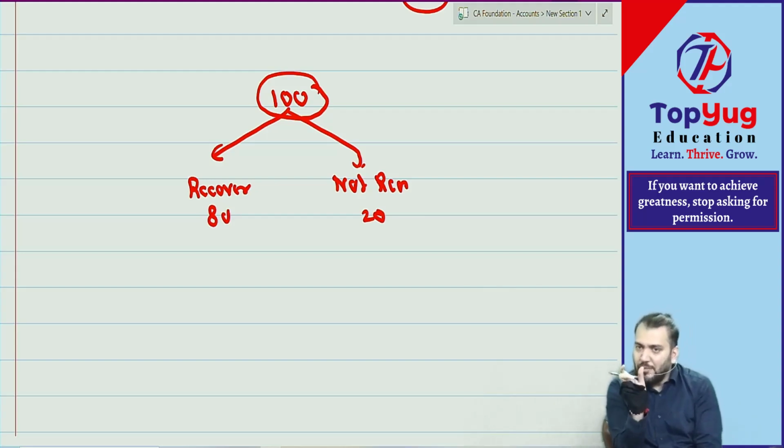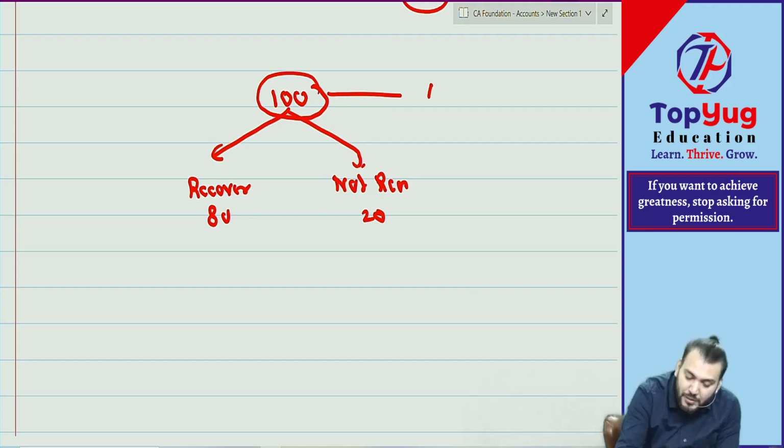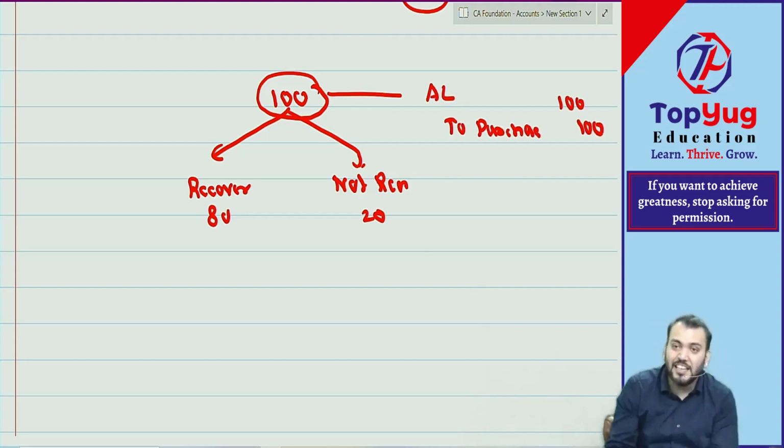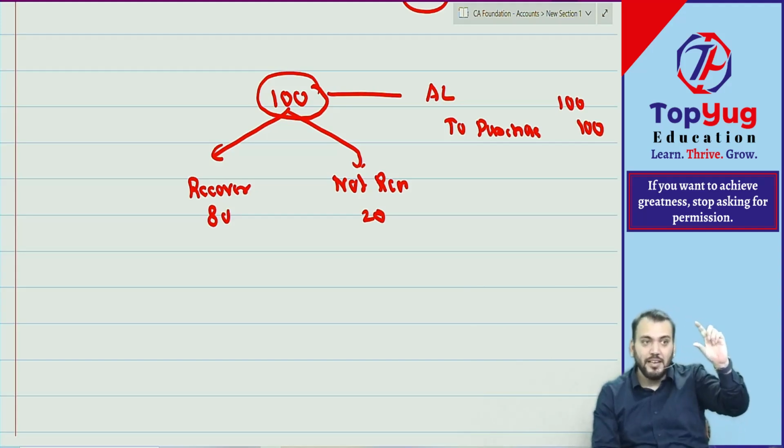The effect of 100 will go where? What is the journal entry for abnormal loss? Removing abnormal loss, what journal entry have you done? Abnormal loss to purchase. Now, purchase will be reduced by what amount? 100. So in trading account what is the effect? Reduce 100.